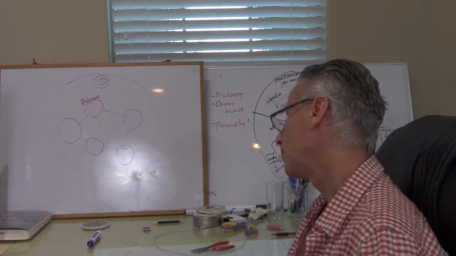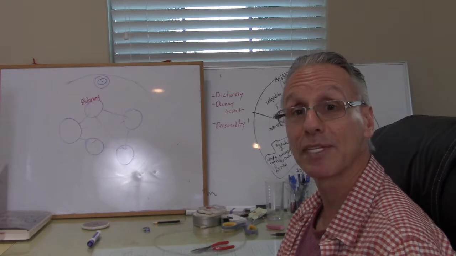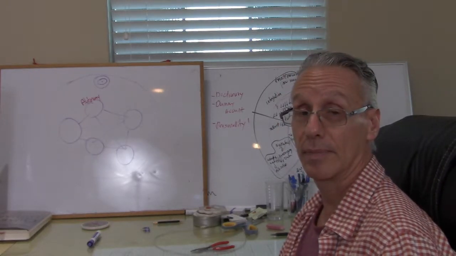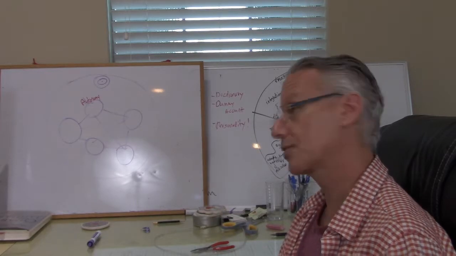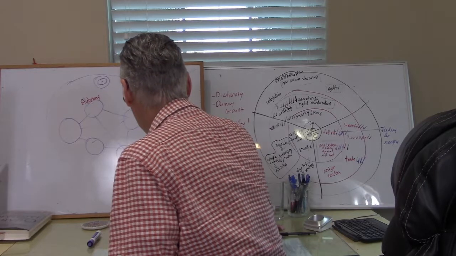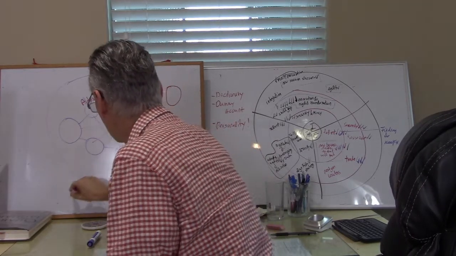Now, what are complex adaptive systems? Complex adaptive systems are complex systems that continuously interact with the environment around them.